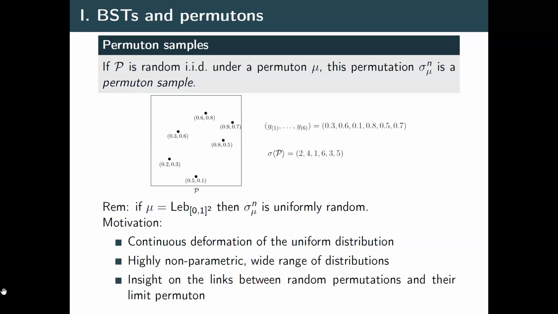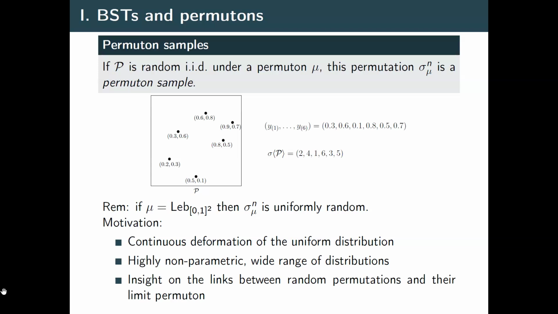Also, this is informal, but studying this sequence of random permutations gives us some insight on the link between asymptotic properties of random permutations and properties of the limit permuton, because this sequence of permutations converges to this permuton mu.